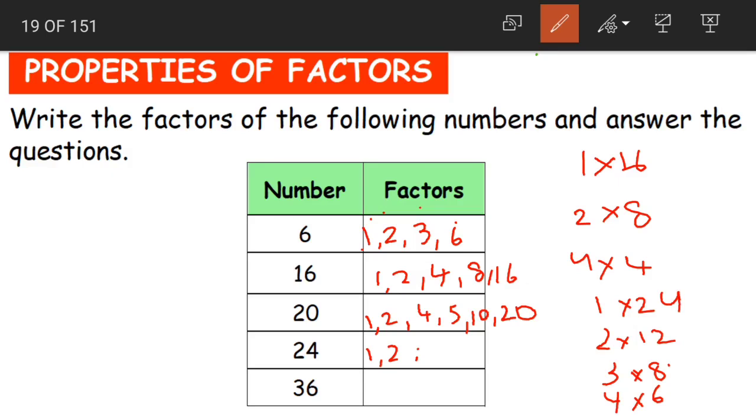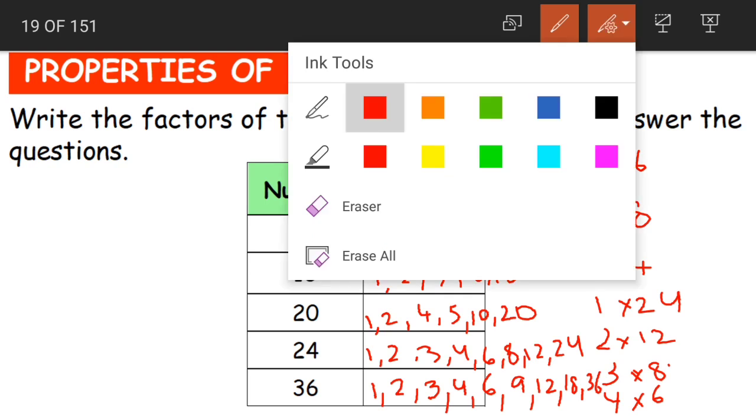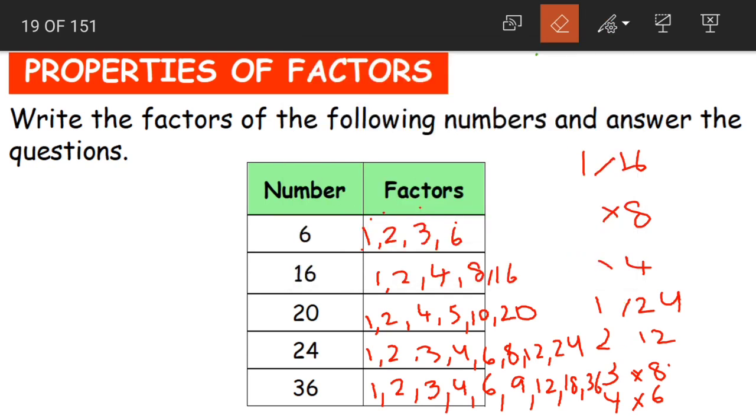That's it. 1, 2, 3, 4, 6, 8, 12 and 24 are the factors of 24. Coming to 36, we have 1, 2, 3, 4, 6, 9, 12, 18 and 36, children. So all these are the factors of the given numbers.